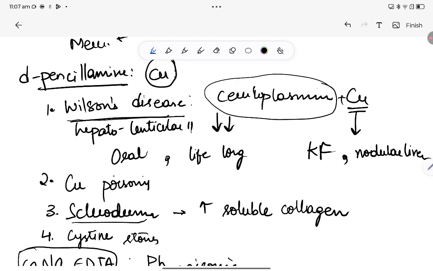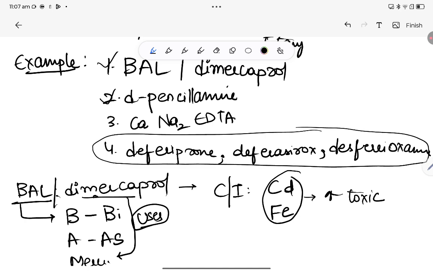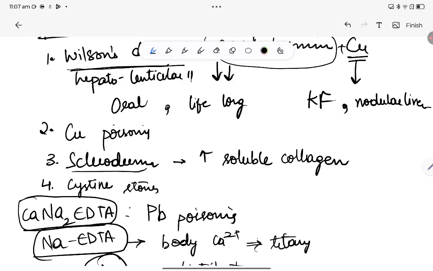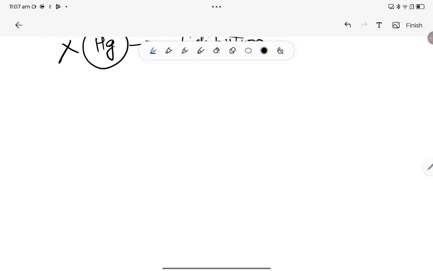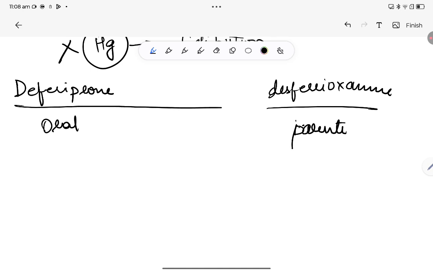Now, let us talk about our last and one of the most important chelating agents, that is iron chelators. Deferoxamine and Deferasirox. This is parenteral and this is oral. That's the major difference.